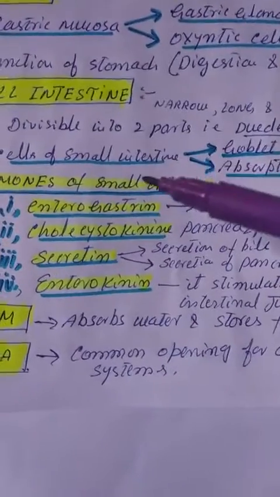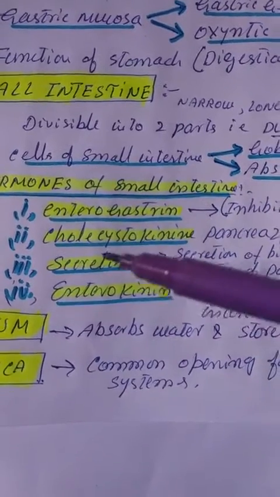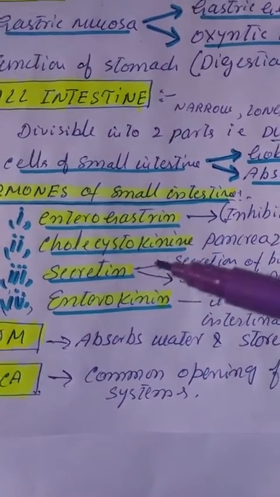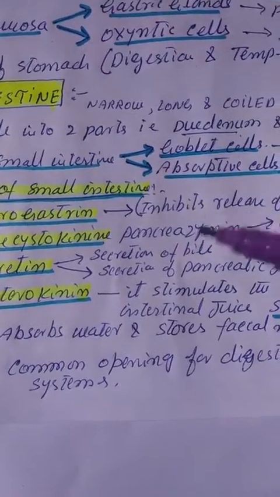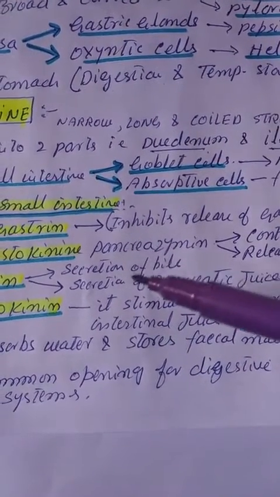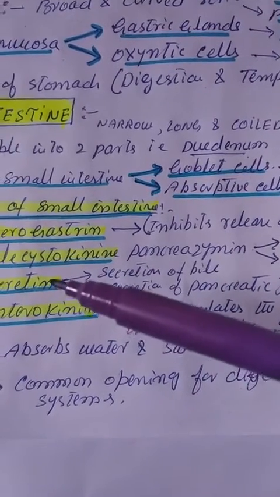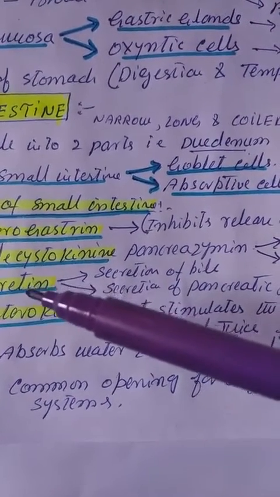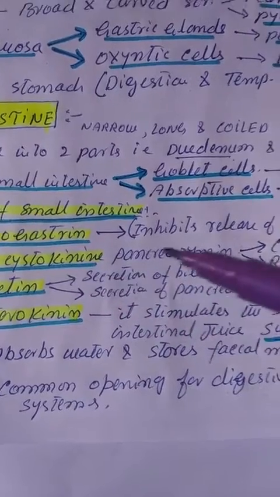The second hormone secreted by the small intestine is known as cholecystokinin. The complete name is cholecystokinin pancreozymin.